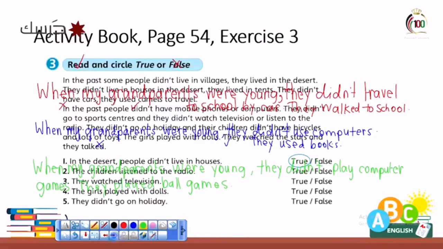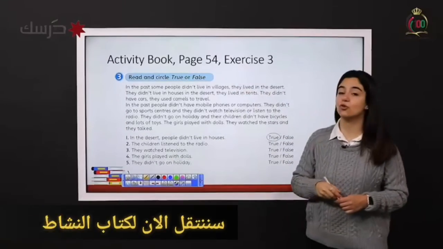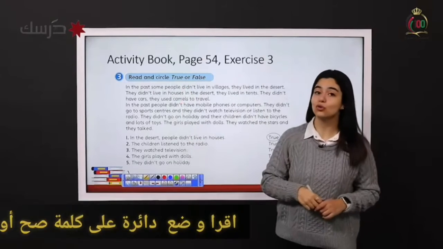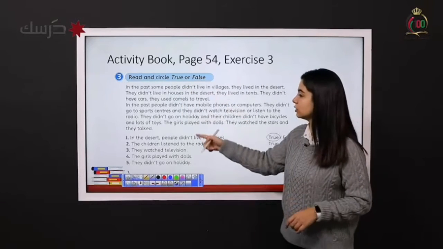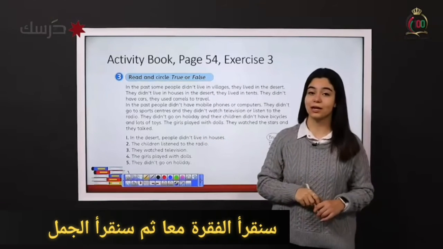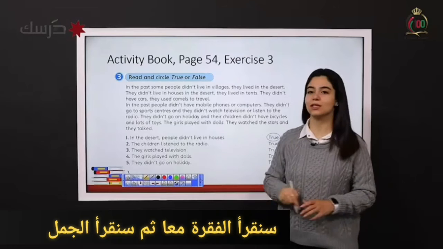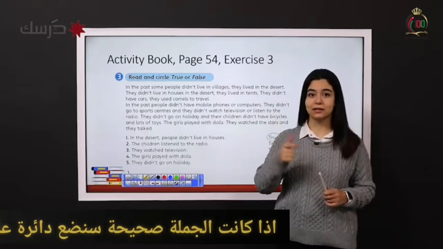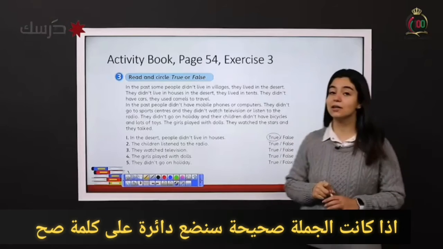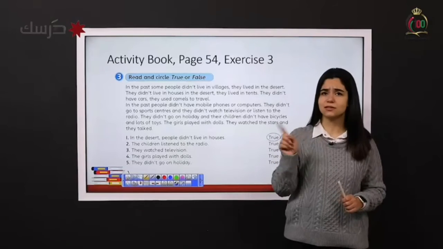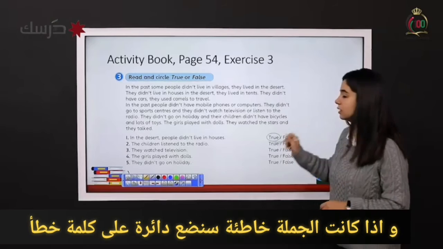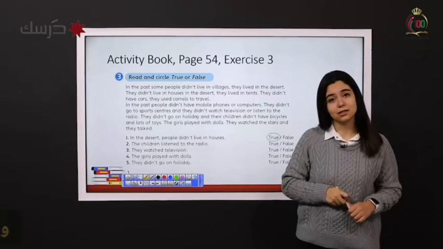with a full stop. Now we're going to move to the activity book, page 54, exercise 3. Read and circle true or false. We are going to read this text together and then we are going to read the sentences. If the sentence is correct, we are going to circle true. If the sentence is incorrect or false, we are going to circle false.